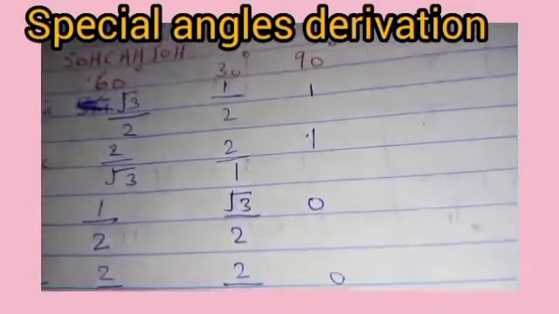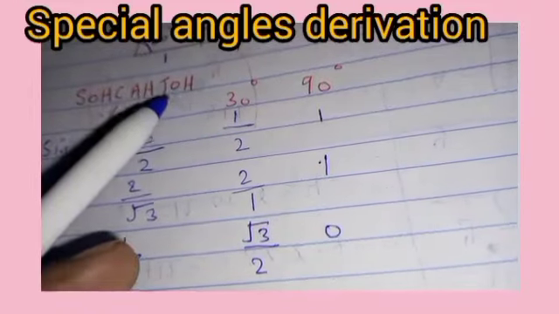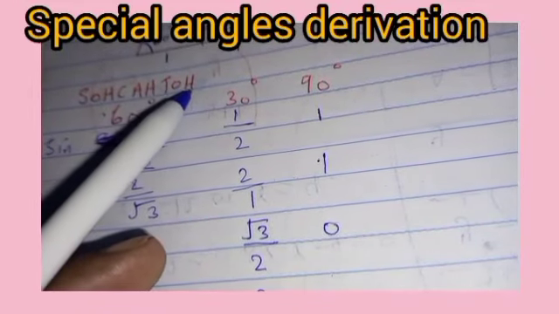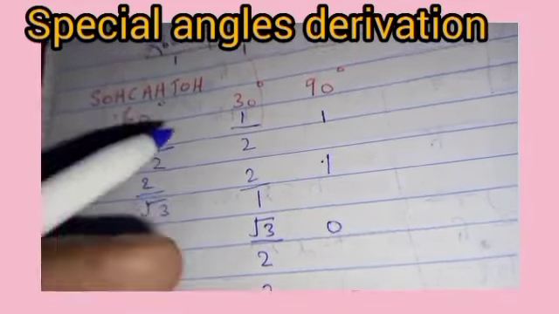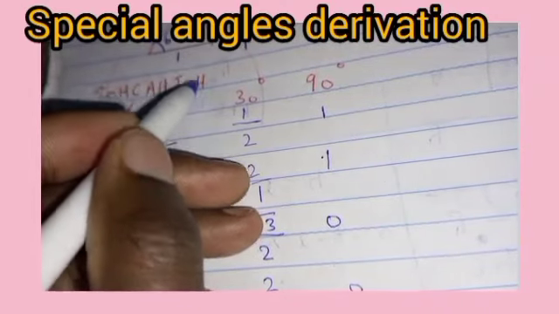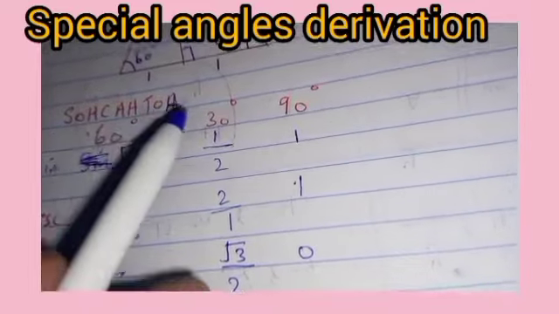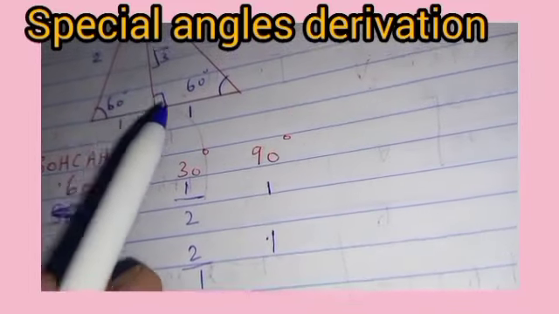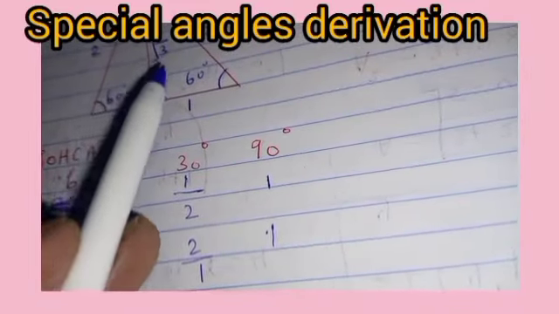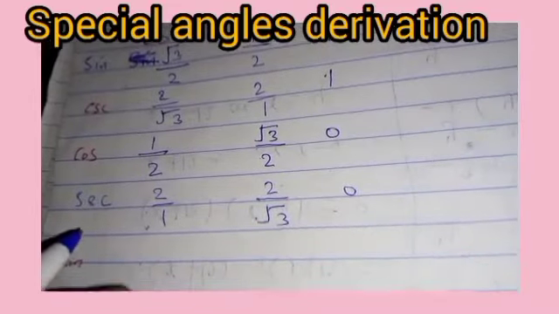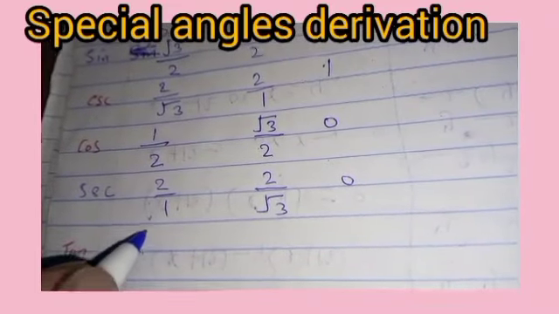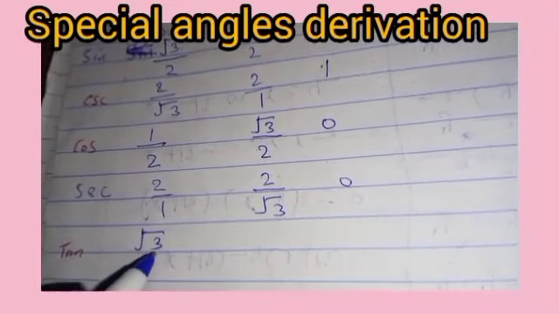The next ratio is tan, which is given by opposite over adjacent. So the opposite of 60 is root 3, so here we will have root 3 divided by 1.